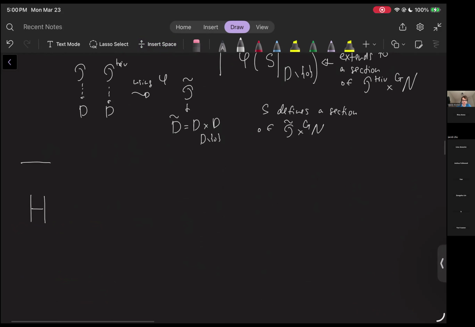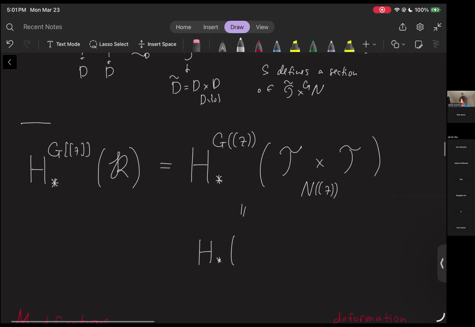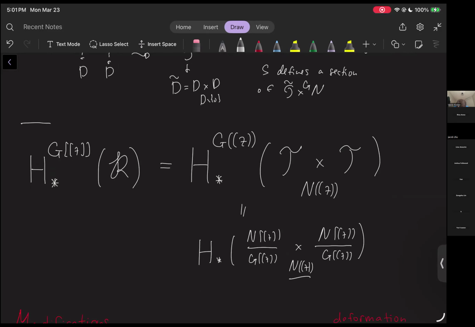If you just play with these spaces a little bit, you will see that this thing that we are doing here, so let me do G of Z, equivariant homology of this space R. Then you can identify this with G of double round bracket Z, equivariant homology just of T cross T over N of Z. And in terms of stacks, this should be homology of N of Z modulo G of Z cross itself over N of Z modulo G of Z.